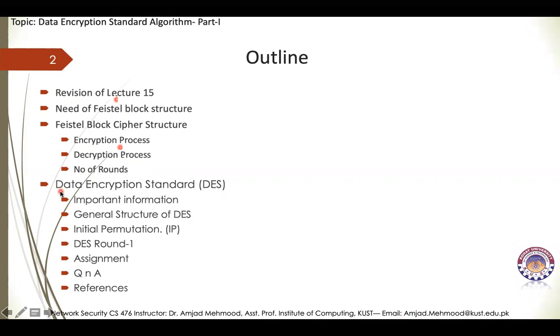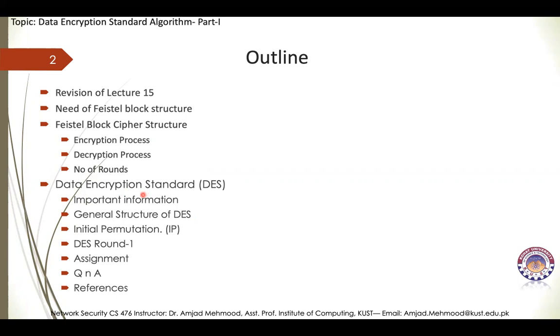Today our topic is the Data Encryption Standard, and this standard is based on the Feistel block structure. You may call this a continuation of the Feistel block structure. But the Feistel block structure was a generic model, and DES is a specific model.